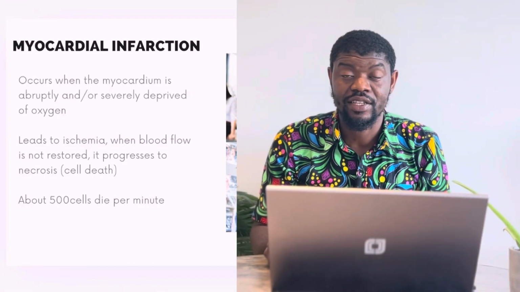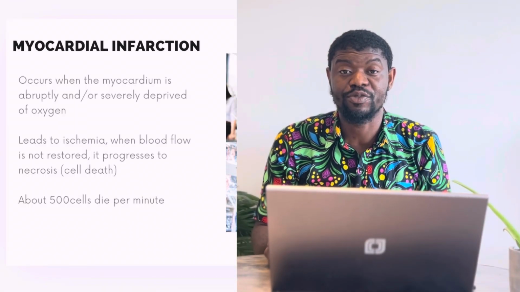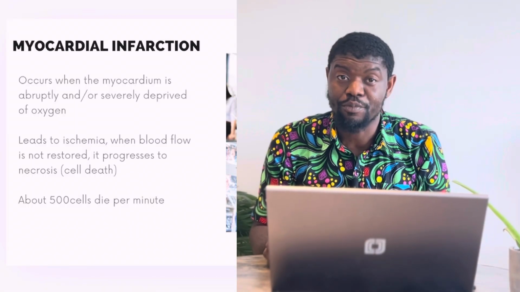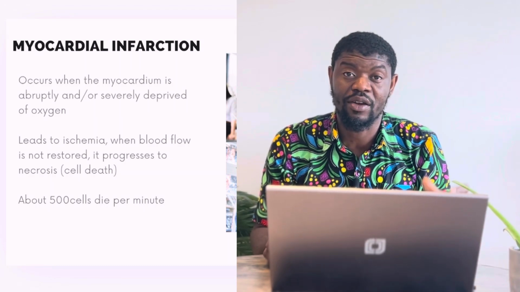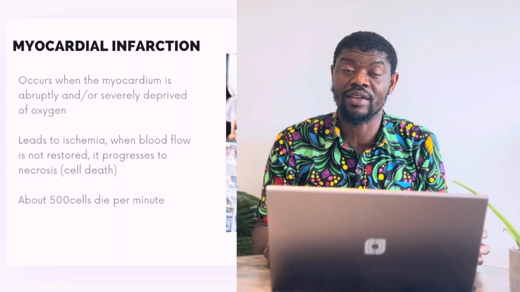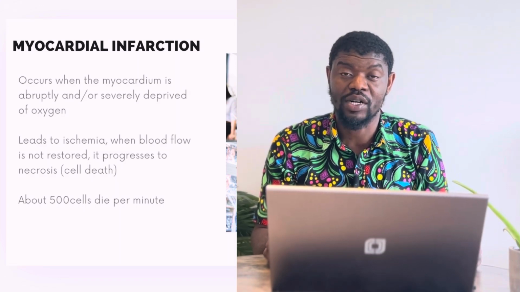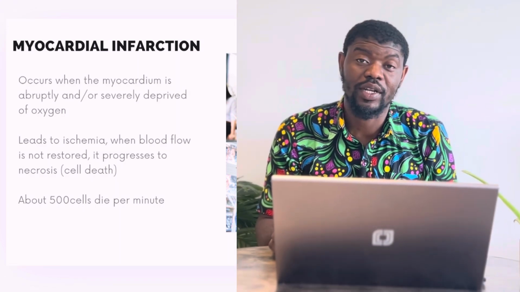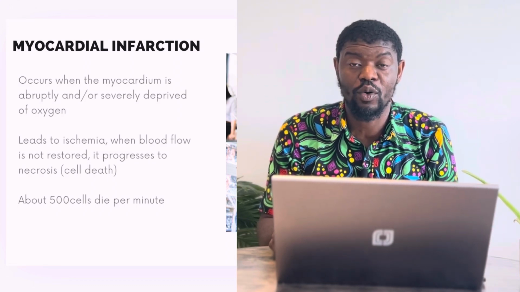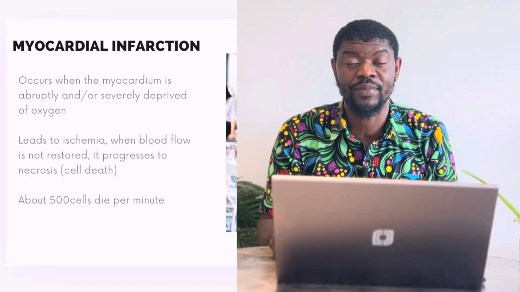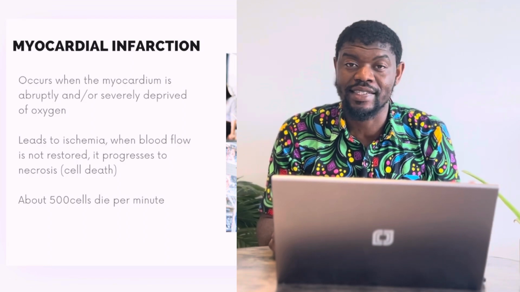So moving straight into today's video, we want to explore what myocardial infarction is. Now, myocardial infarction is basically when there's an abrupt or a severe deprivation of oxygen for the myocardium, being the cardiac muscle. It is important to understand that when there is a disruption in blood flow and oxygen supply to the myocardium, it leads to what we call ischemia.